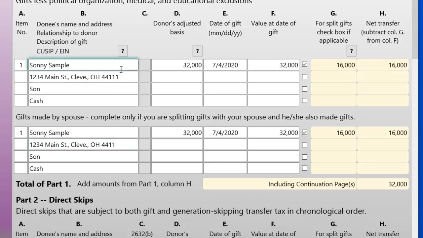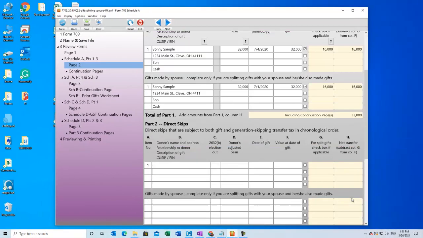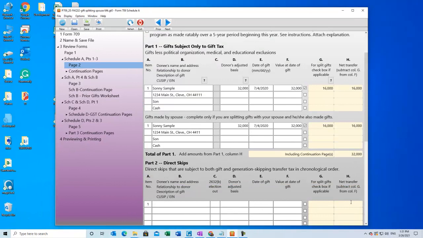Her gift, like I said, is up here, $32,000, and this is the part that is split from Louis's return, $16,000. Well, you know what? It may be confusing, but one way that you can always check and see if it's right is, in reality, this was a $64,000 gift that the couple made.